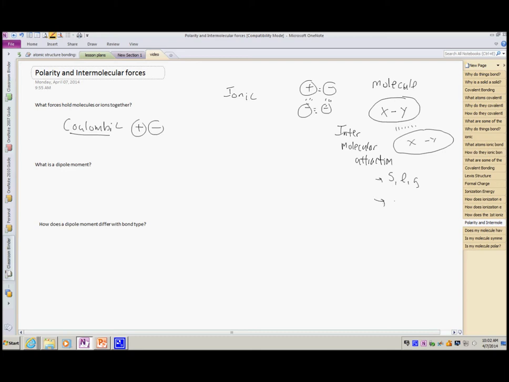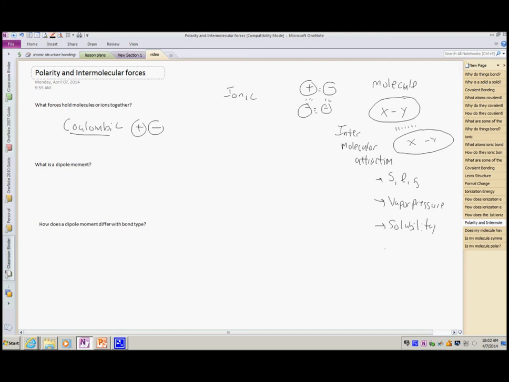It will determine its vapor pressure, and it will determine its solubility.